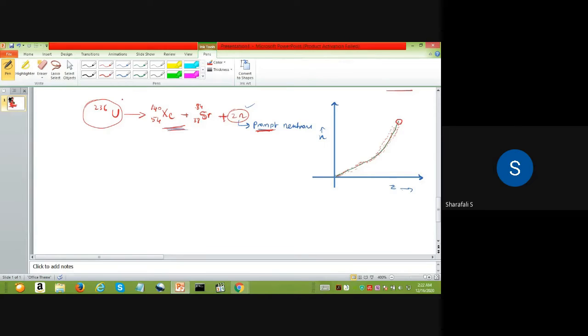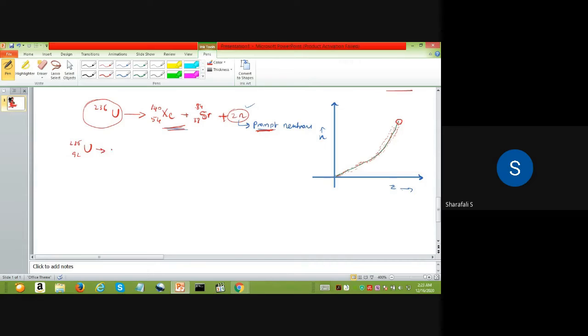Those nuclei will have a high neutron to proton ratio. For example, let's consider the uranium-235 case, with atomic number 92.